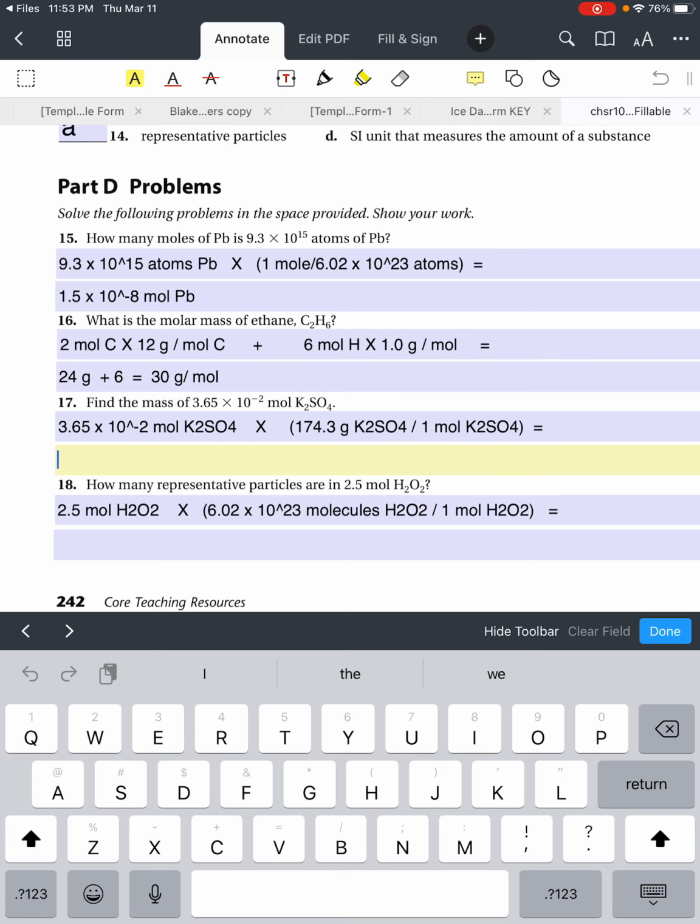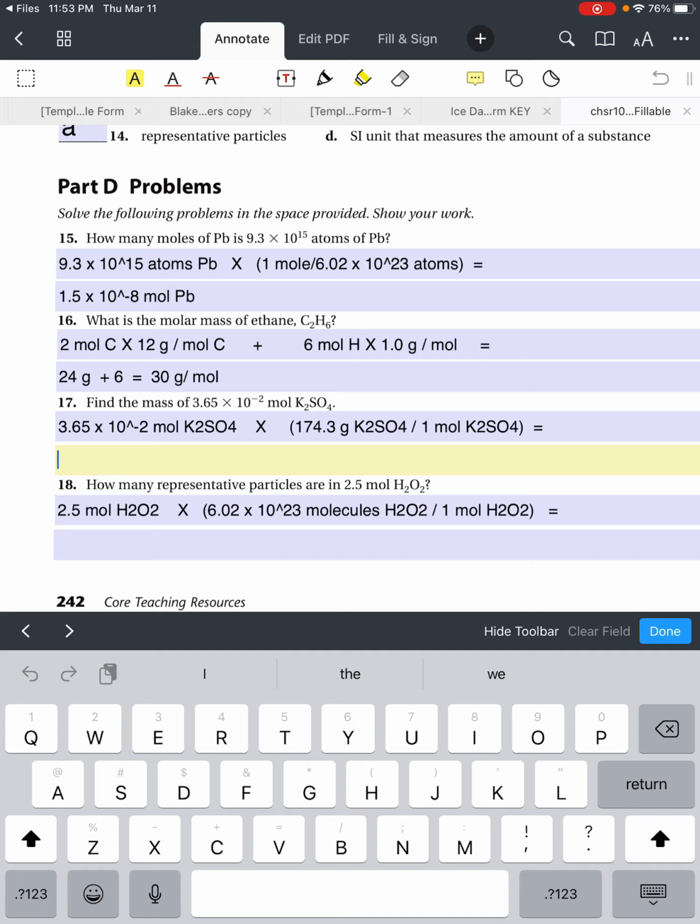On the next one, it says find the mass of 3.65 times 10 to the minus 2 moles of potassium sulfate, K2SO4. And on a test, it would be legitimate, at least if I gave you a table of the polyatomic ions, to say potassium sulfate.